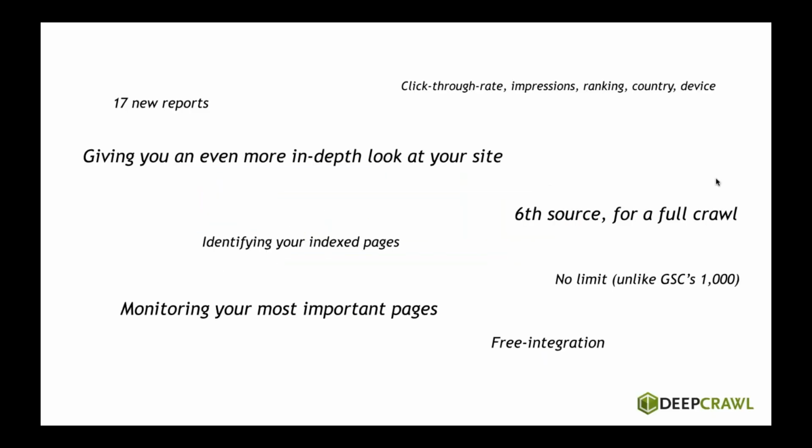What is it? It's roughly 17 new reports. I'll focus on a few of the most important ones in just a bit. It's also bringing in data that's essentially unique to DeepCrawl: click-through rates, impressions, ranking, country, and more, quite importantly, device as well, which is somewhere where we can actually differentiate ourselves.